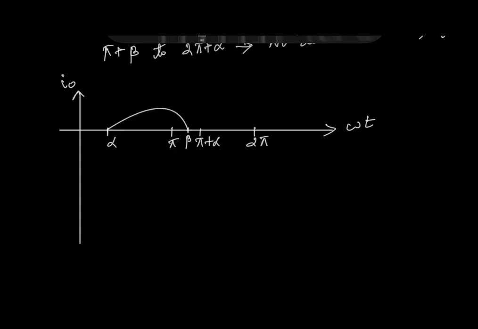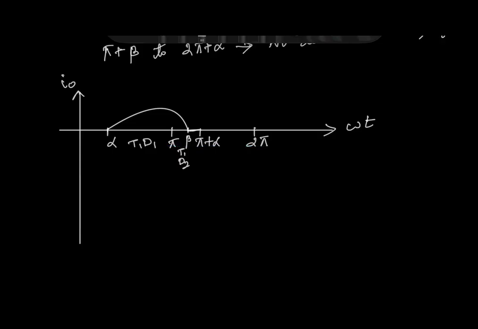From alpha to pi, the current will be carried by T1 and T1, and from pi to beta, the current will be carried by T1 and T2. Then from beta to pi plus alpha, no device is in the on condition, so current will be 0.